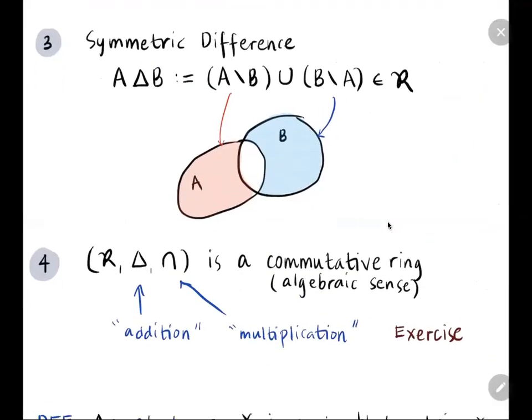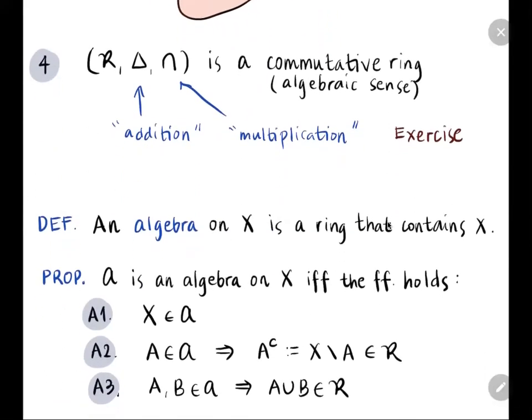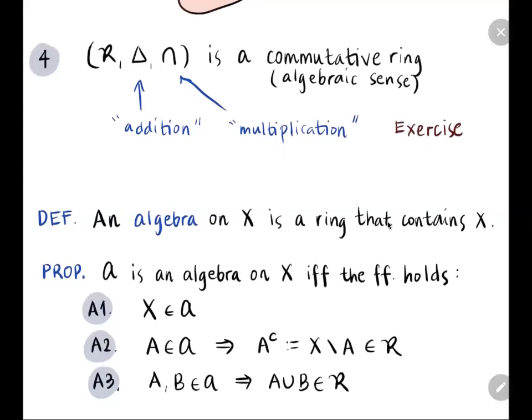However, the following proposition tells us that one could verify these three properties, A1, A2, A3, and this would be equivalent to showing that a collection is an algebra. So I have an algebra A on X if and only if these three properties are satisfied.